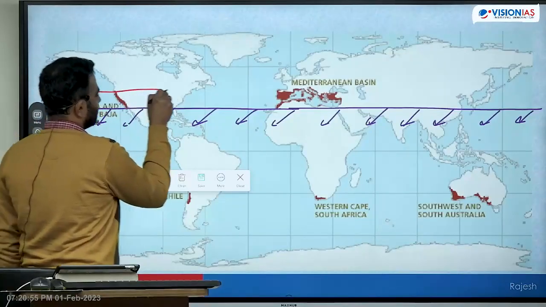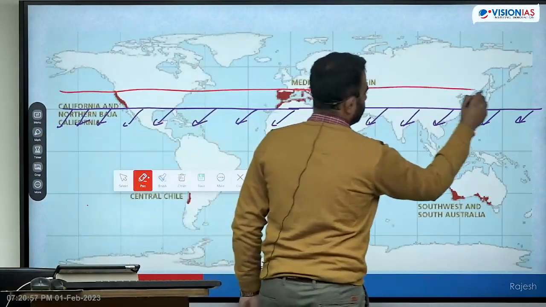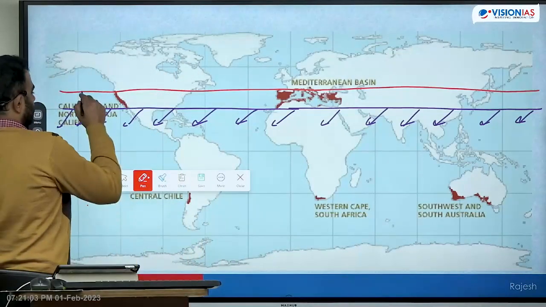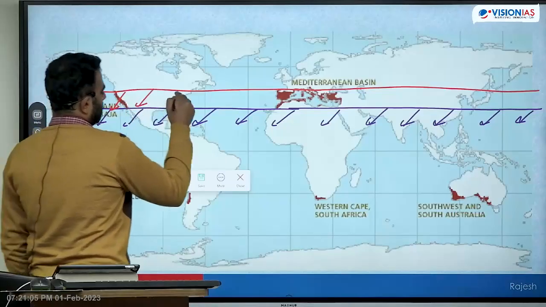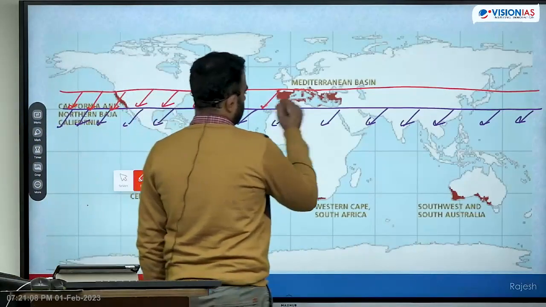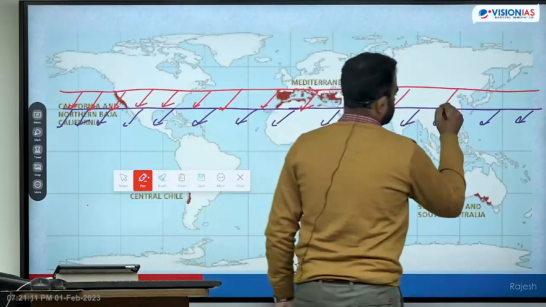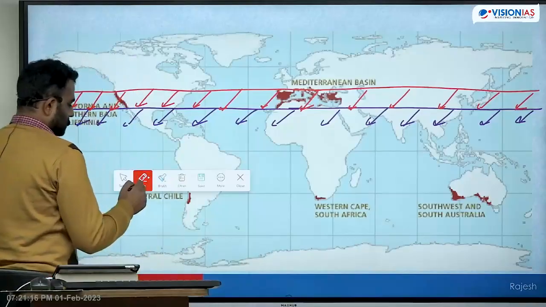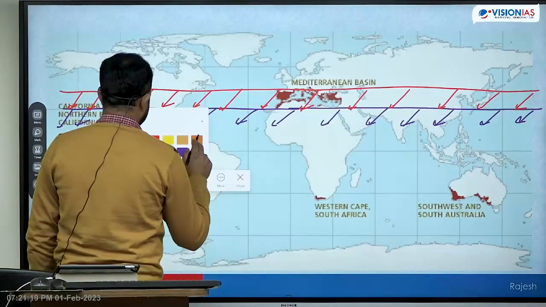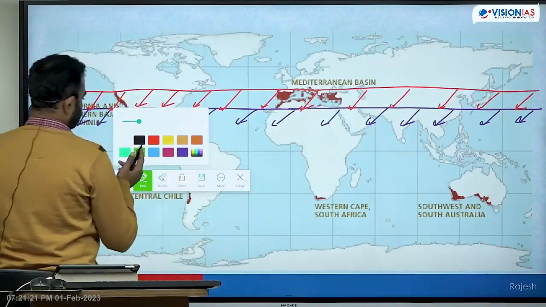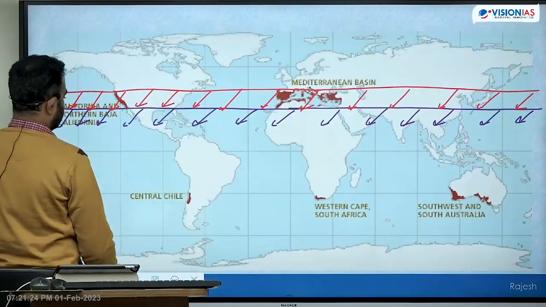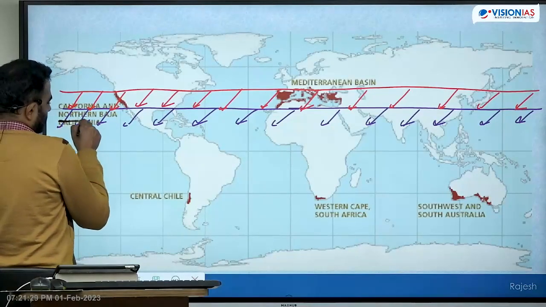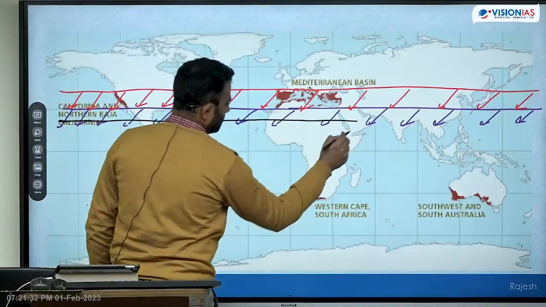It will start to origin from here. The entire trade wind belt originates from here. This is during summer. Let's say this is winter solstice. During the winter solstice, the entire trade wind belt originates from here.